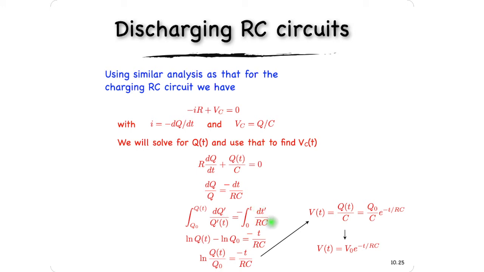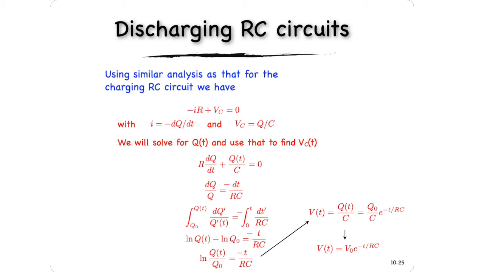And on the right-hand side, I'm just integrating a constant from 0 to t. So my minus sign stays, and I get t times that constant, which is 1 over RC. Now the difference of natural logs is the natural log of the ratio, so I can simplify this a little bit like that.